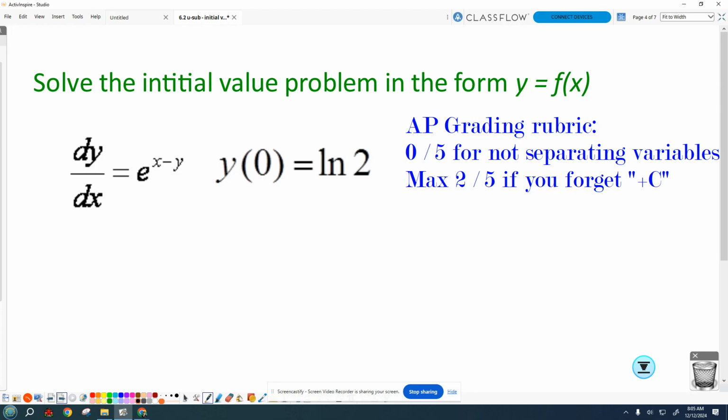So if you guys could write down on the whiteboards, how are you pulling these guys apart? When you fully separate them, you get X's on one side and Y's on the other.